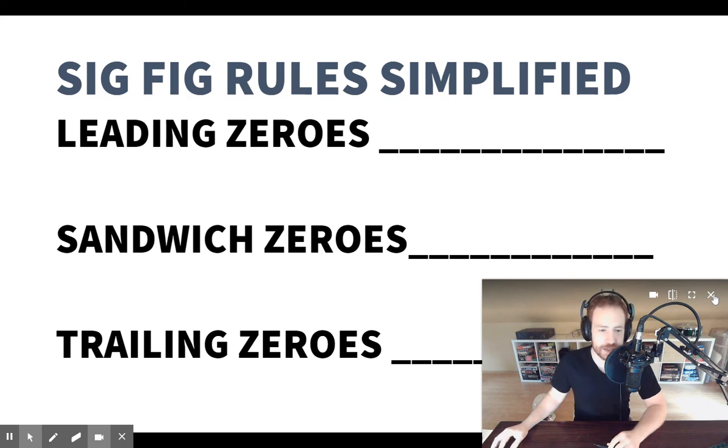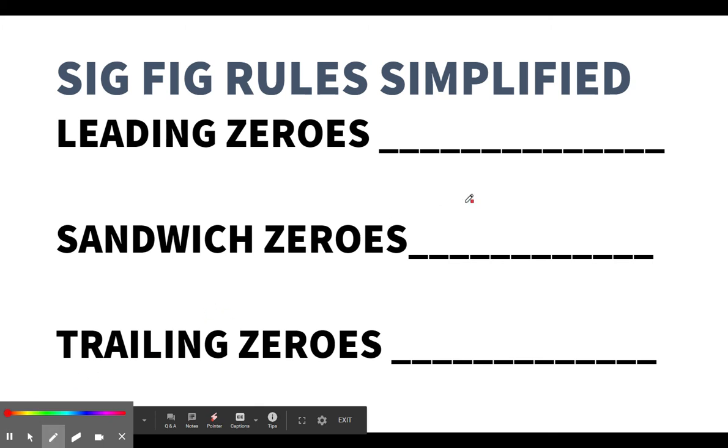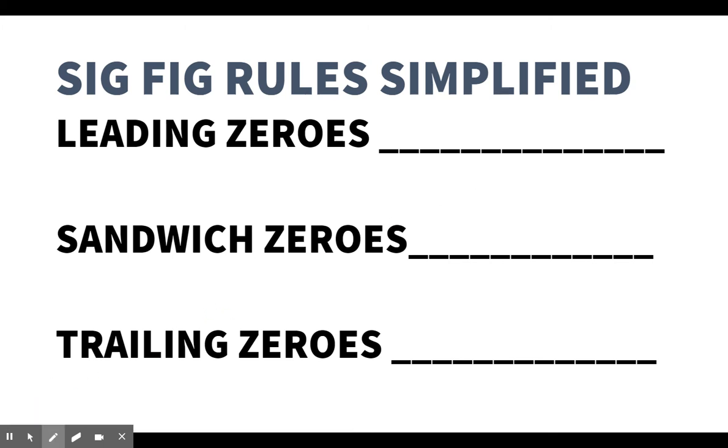Now, what you might have picked up on is that the rules of significant figures basically are anything that's not a zero is significant, and then zeros are the problem children. They are the ones that make it difficult for us and that we have to think about. But it can all be simplified into these 3 rules. Leading zeros are never significant. Sandwich zeros are always significant.